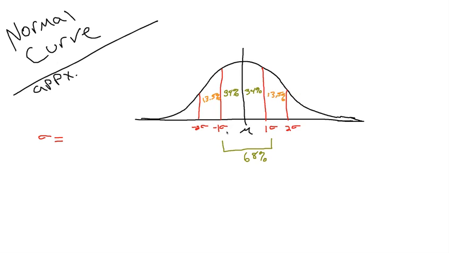So that means 13.5% fall between 1 standard deviation and 2 standard deviations.